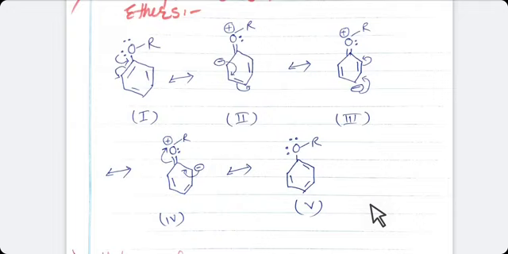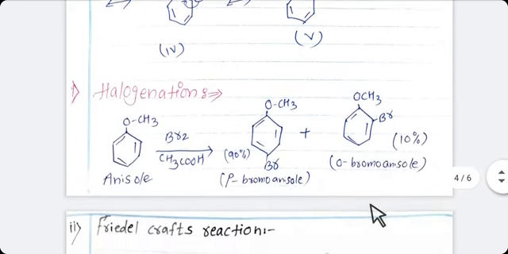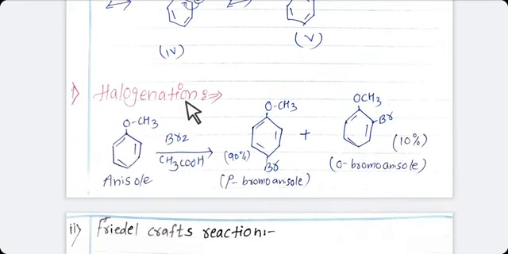In this electrophilic substitution reaction, the first reaction we are going to study is halogenation. We are using anisole here. Whenever anisole undergoes bromination with bromine in acetic acid, even in the absence of ferric bromide catalyst, it is due to activation of the benzene ring by the methoxy group.